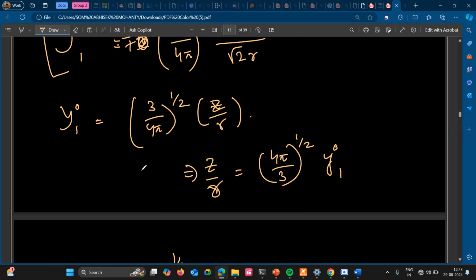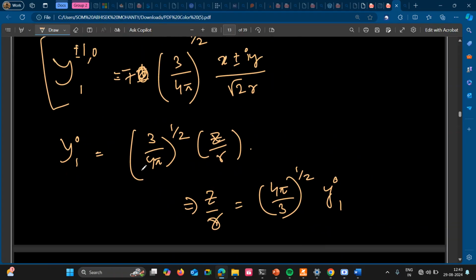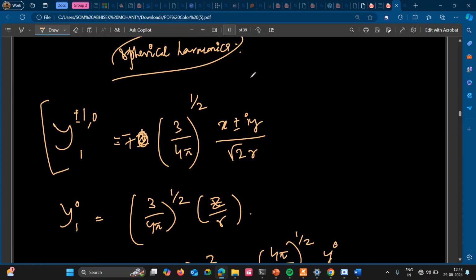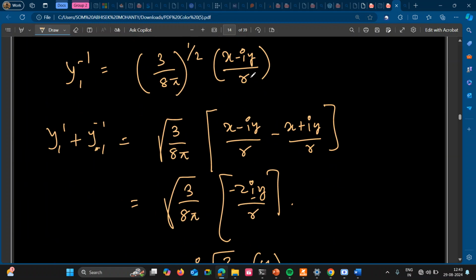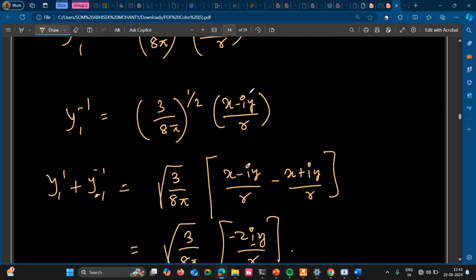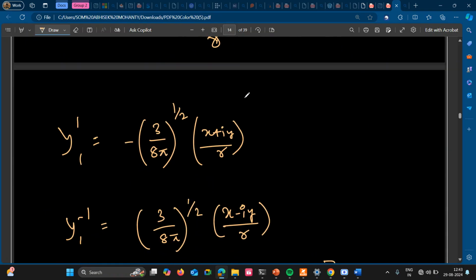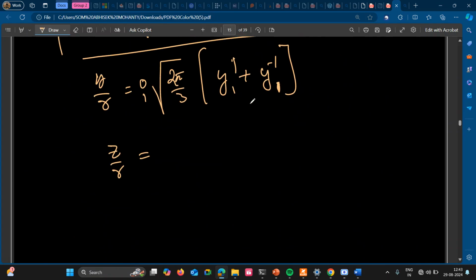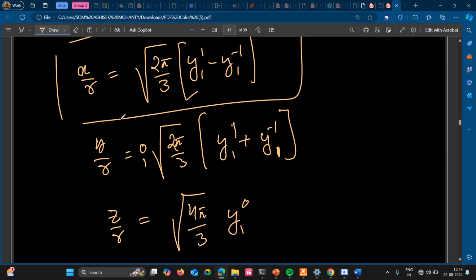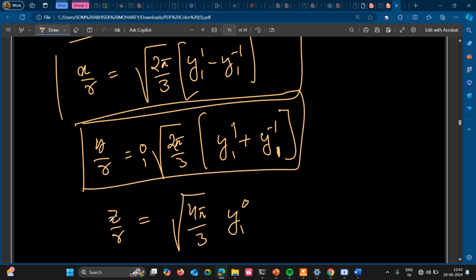Root over 4 pi by 3 y10. So these three are the terms that we got.